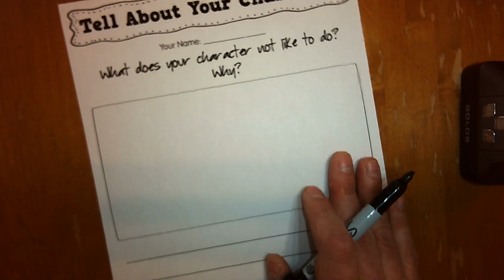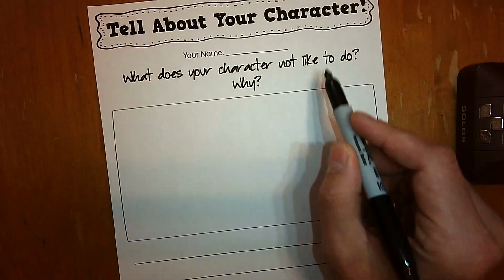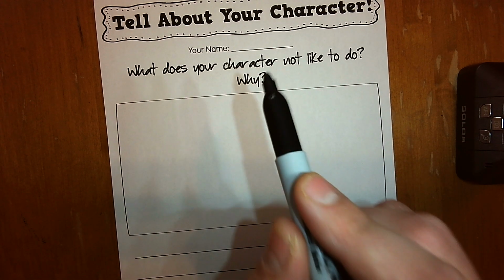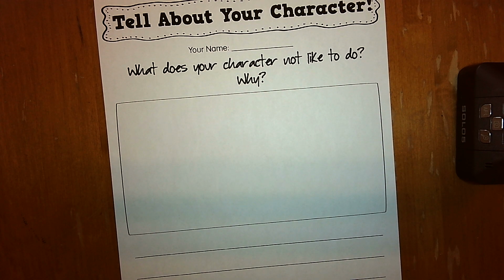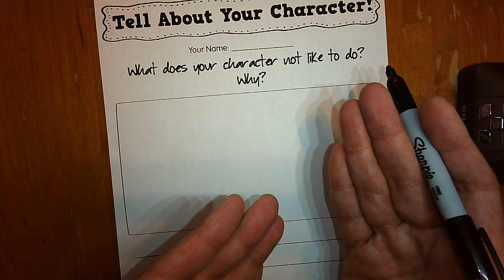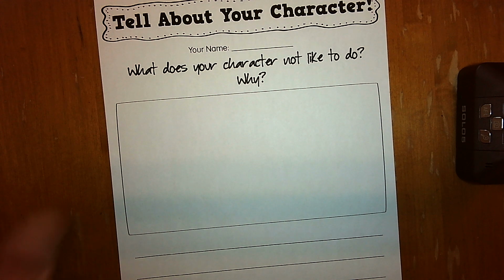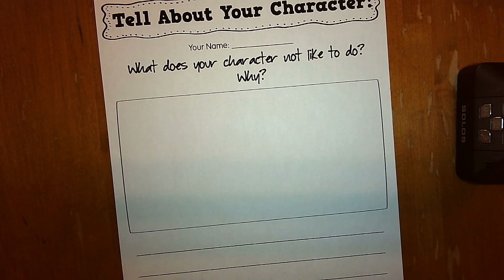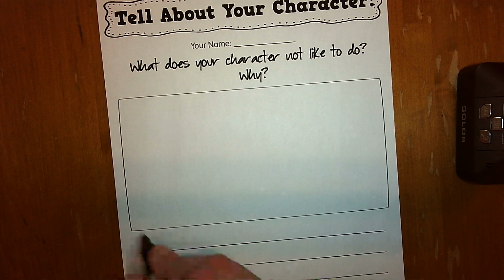Now, what does your character not like to do and why? One of our strategies, whenever we have a worksheet, we turn the question around, and that helps us write in complete sentences, and it helps us get the answer that they're looking for. So here's how you should probably start.